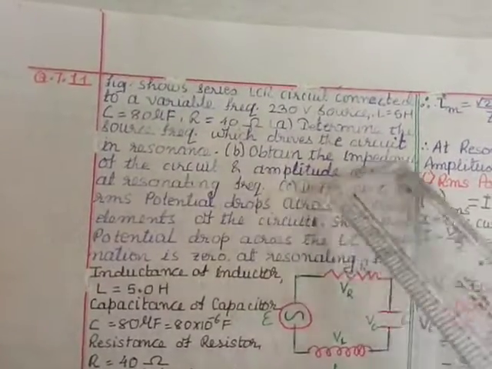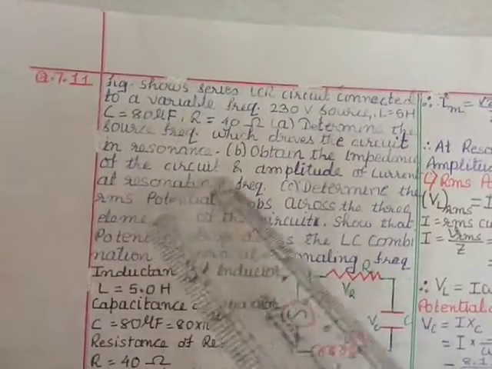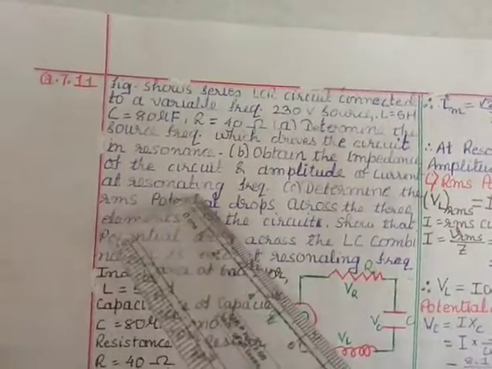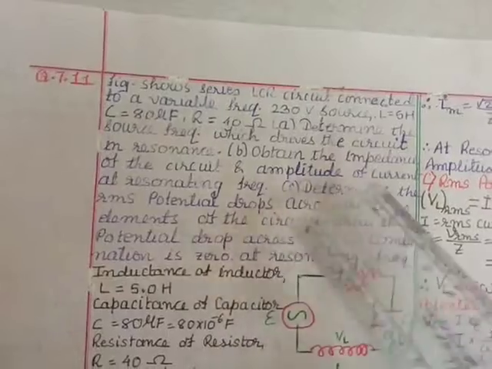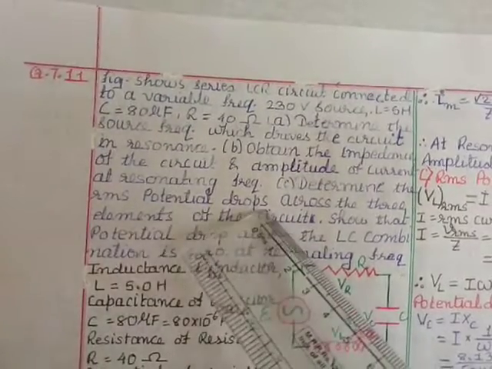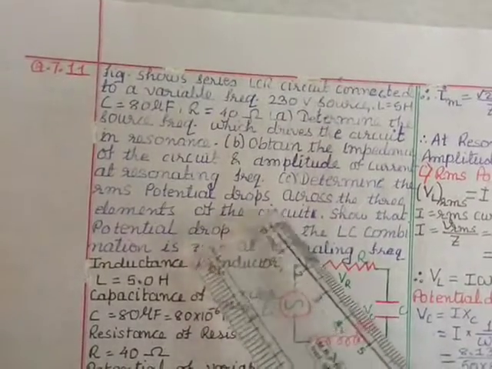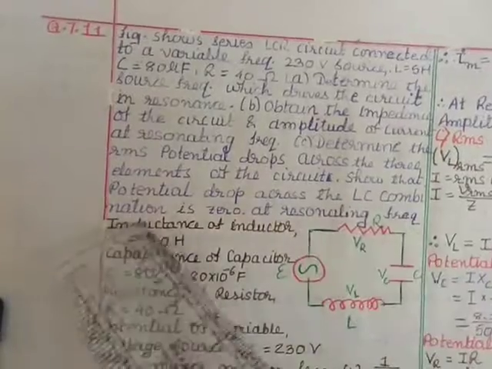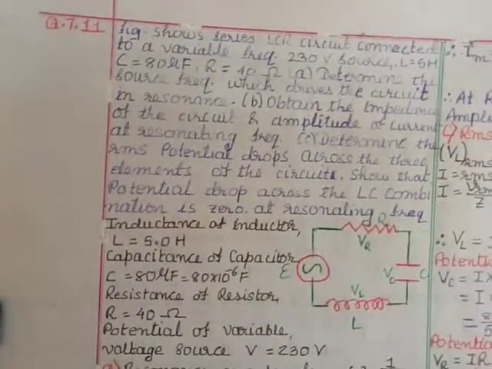B: Obtain the impedance of the circuit and amplitude of current at resonating frequency. C: Determine the RMS potential drops across the three elements of the circuit, that is L, the inductor, C, the capacitor, and R, the resistor. Show that the potential drop across the LC combination is 0 at resonating frequency.